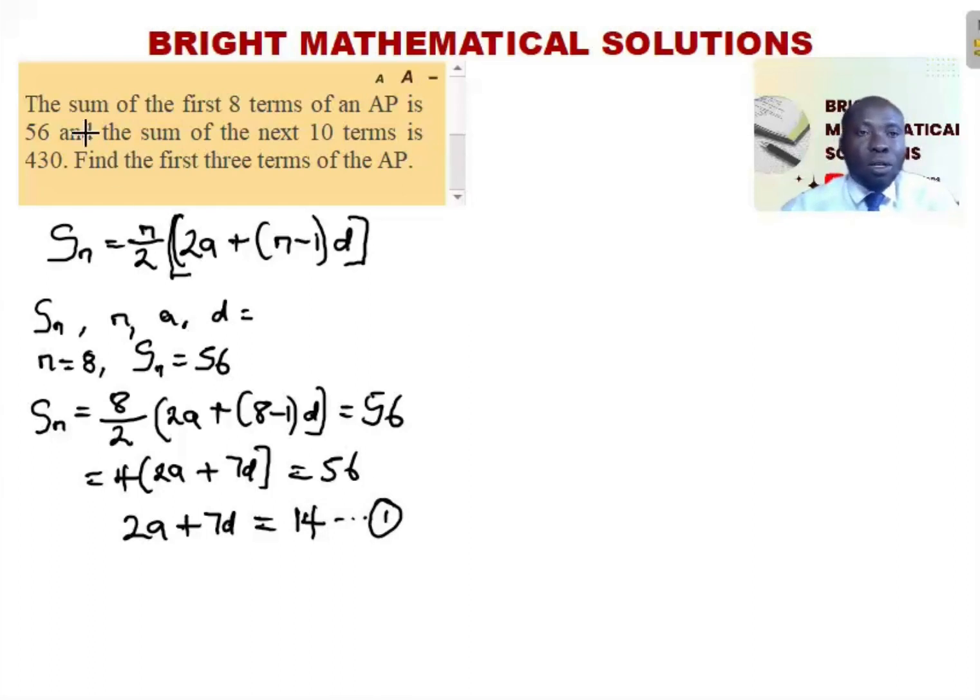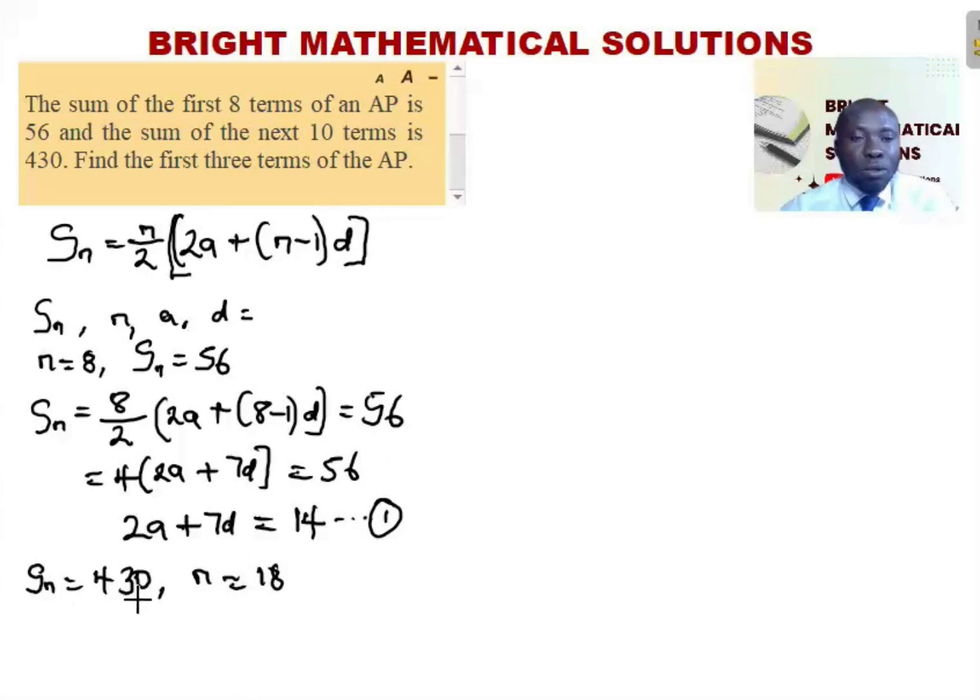Now let us continue. The sum of the next 10 terms is 430. So for the second one, Sn is 430, and because it is the next 10 terms, the first number of terms that we calculated is 8. The next 10 added to that 8 gives us 18.